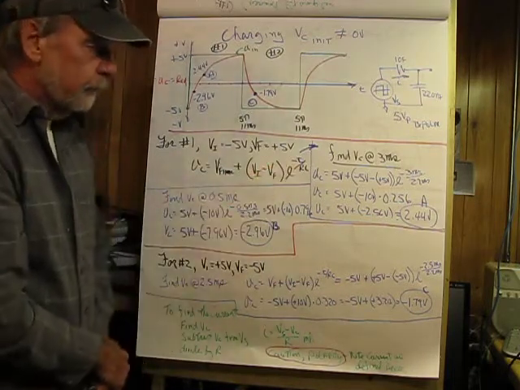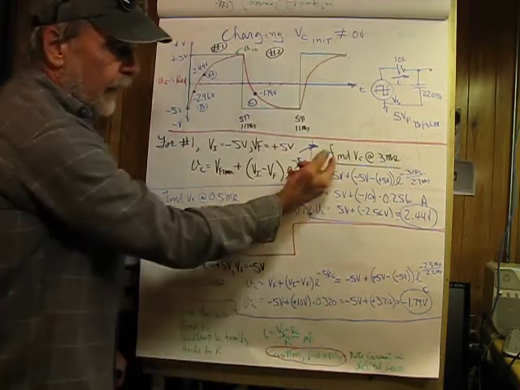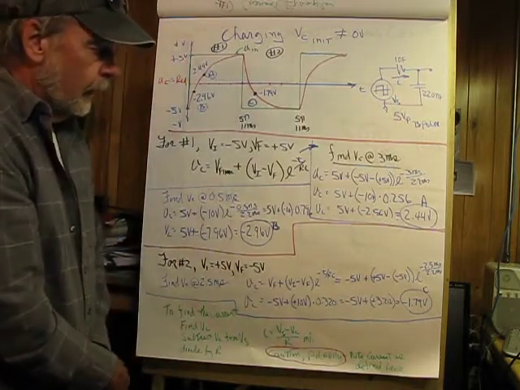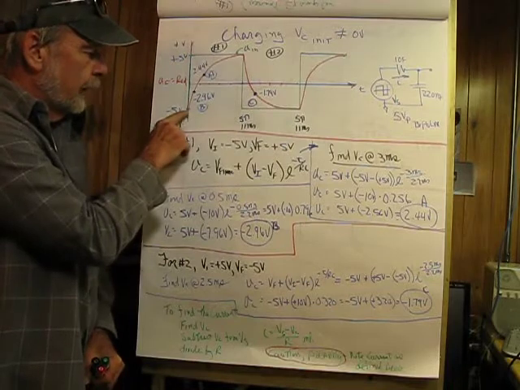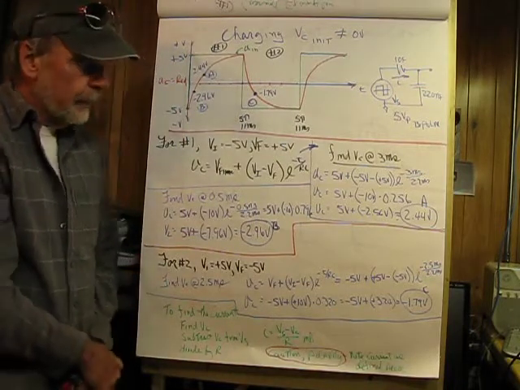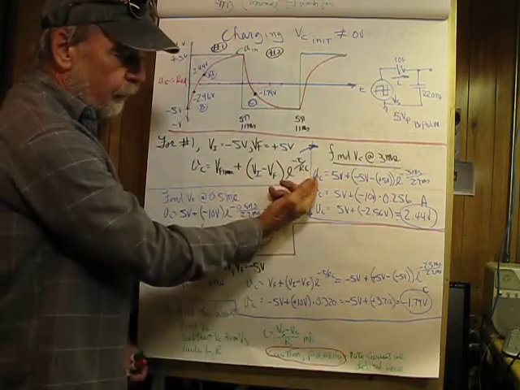Same thing. So what we want to do with this, for an example, is to find the capacitor voltage at 3 milliseconds, and we're starting out here at -5 volts for the initial value of the capacitor voltage.